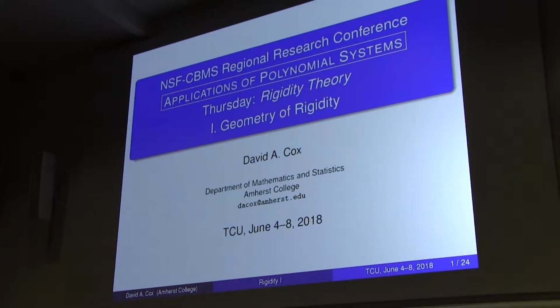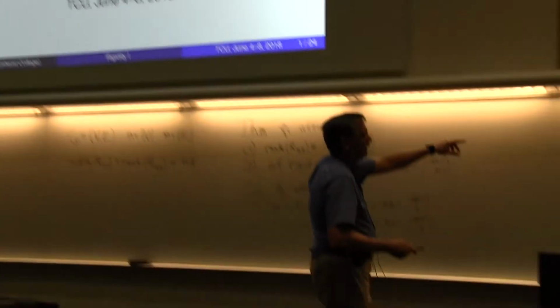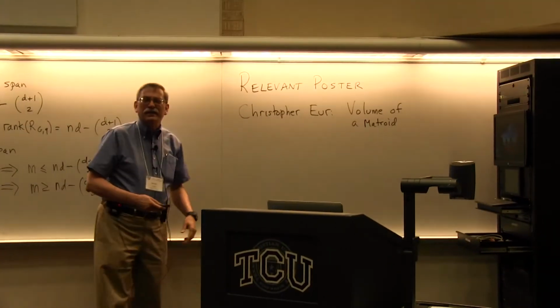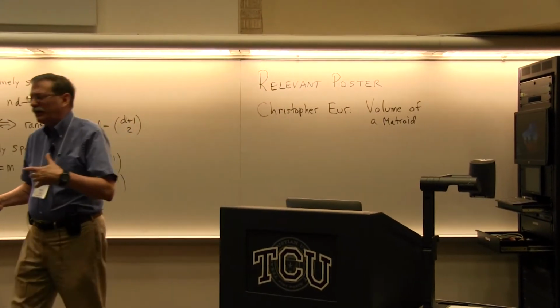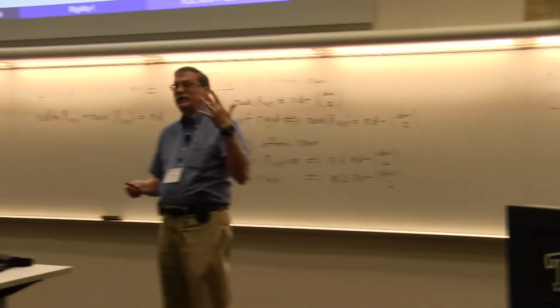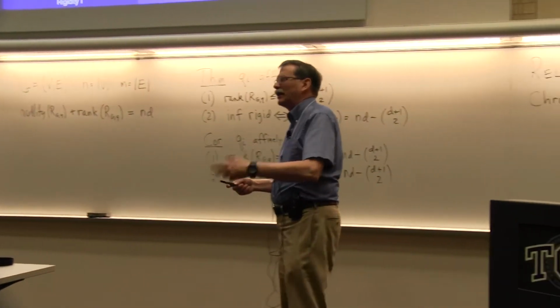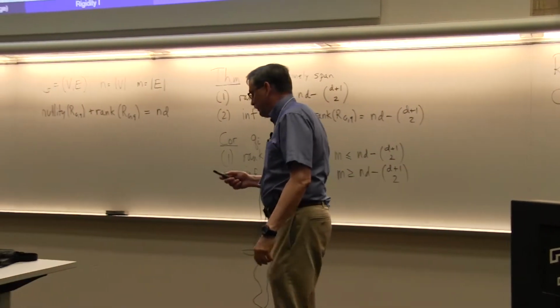It turns out that in the second talk, when I do the combinatorics, matroids are going to play a role, and so that's where the relevant poster is Christopher's, because he defines this new invariant, the volume of a matroid. So if you're intrigued by matroids and want to learn more, check out his poster.